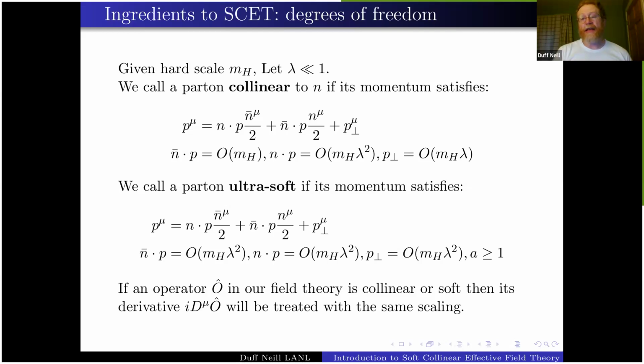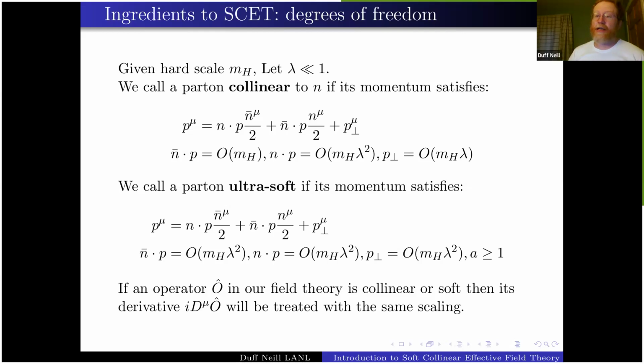So now that I have these light cone coordinates, I can give you a much more rigorous definition of what I mean by collinear, and technically I'll call it ultra-soft momenta. So we had our hard scale m_H that's roughly given by the mass of the Higgs boson. And I'm going to introduce a power counting parameter, lambda, which is a dimensionless number that I'm going to demand to be a lot less than 1.